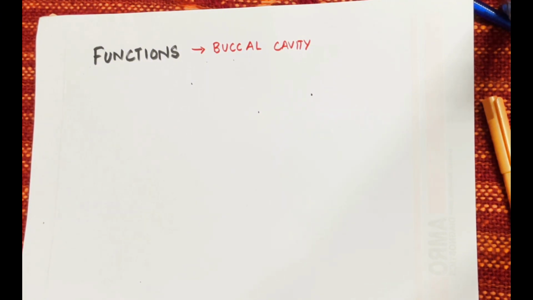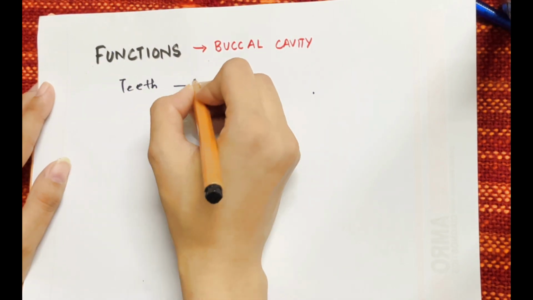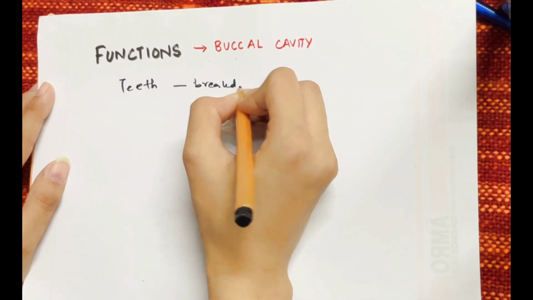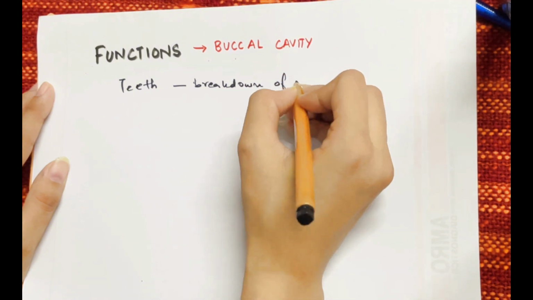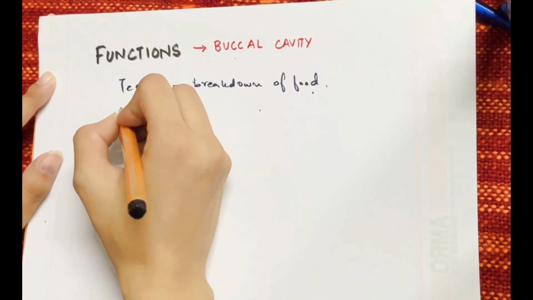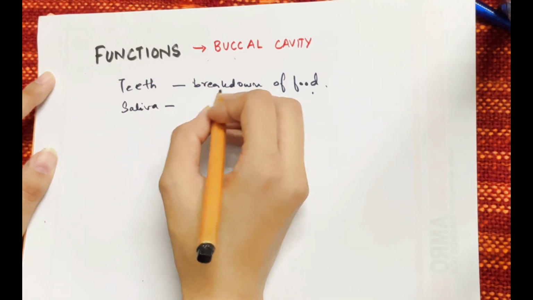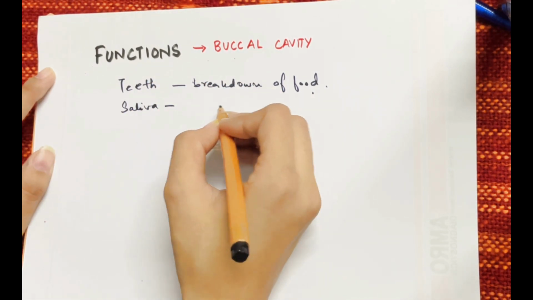As we've already discussed, the teeth are present in the buccal cavity. The teeth are responsible for the breakdown of food particles that are ingested by our body. The saliva present in our buccal cavity is responsible for softening or moistening the food.